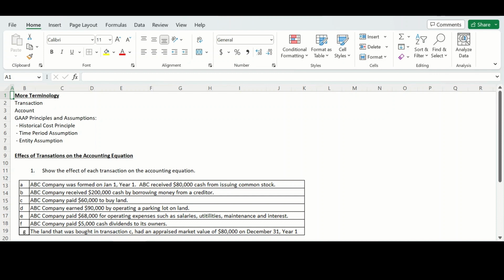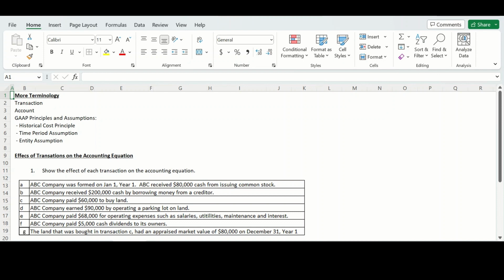Next, we have the time period assumption, which says that for reporting purposes, businesses divide time into artificial periods, so it could be months, quarters, or even years. Most companies are going to follow a calendar year, but some may not. Companies like to have their fiscal year end at a time when they are less busy than December 31st.